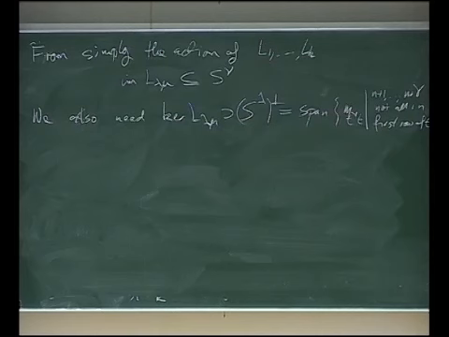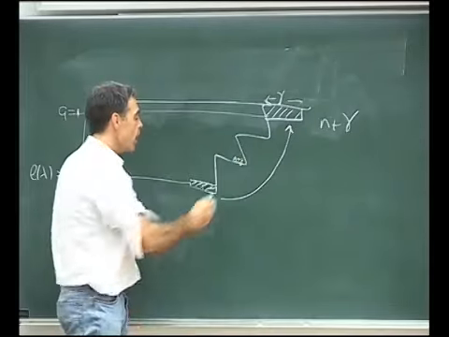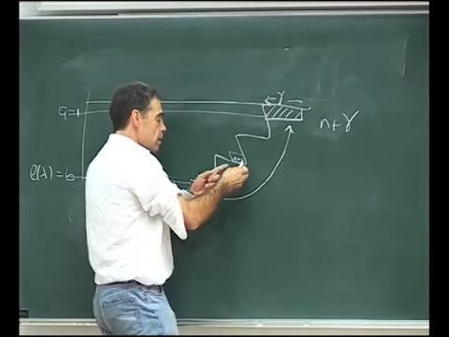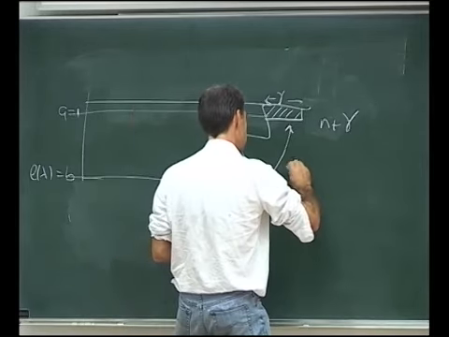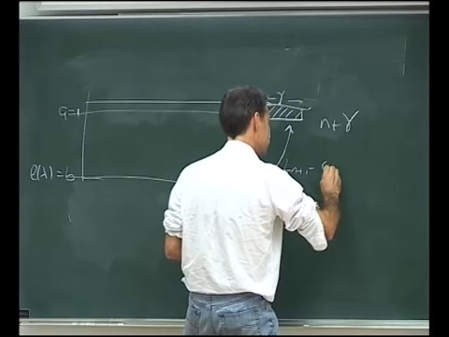So if I take the span of all those things, these things have to all die. And the crucial observation is that because at least one of these things is not in the first row, I've got an n plus j sitting here, say.